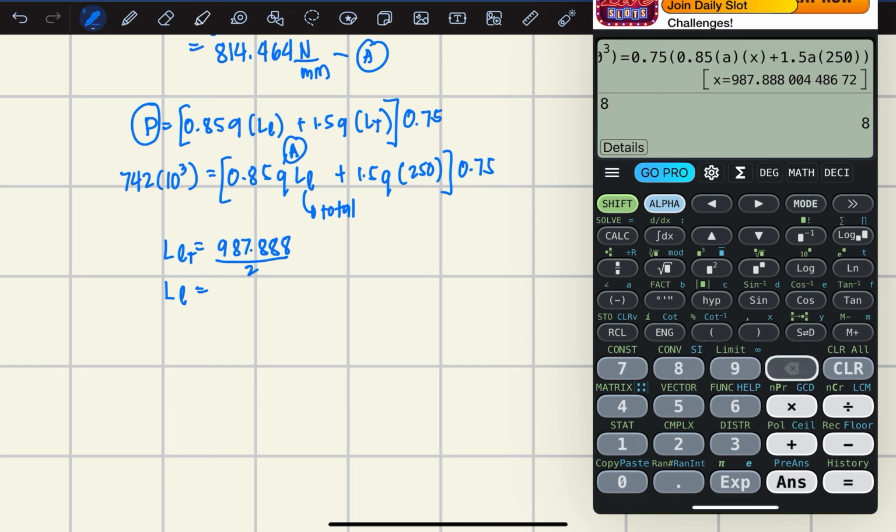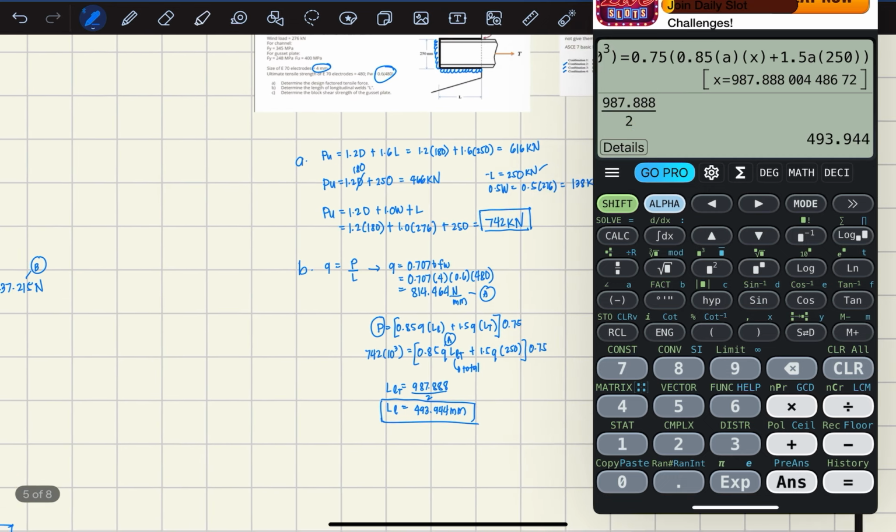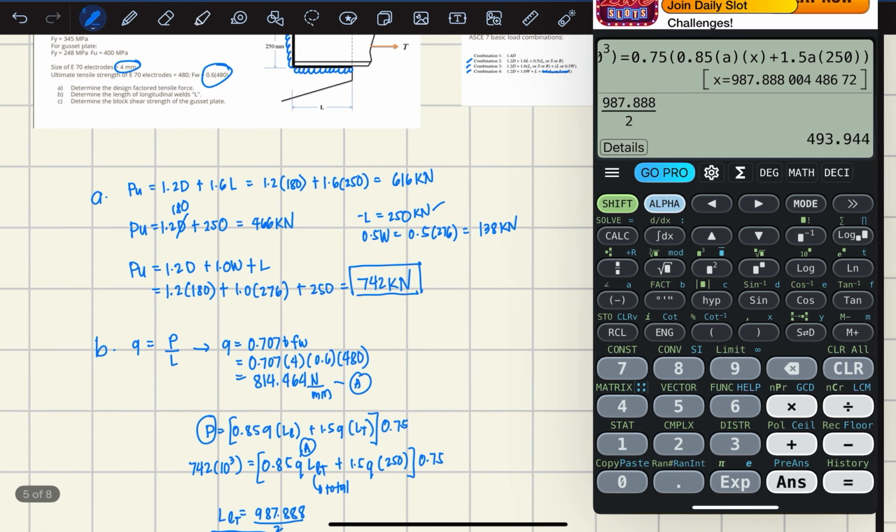So, 987.888 divided by 2, our answer is 493.944 mm. Total. That is letter C.